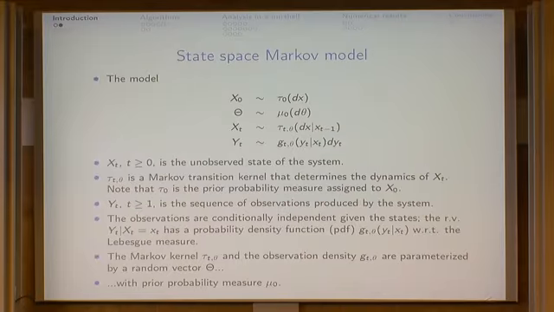And then I have some priors. I'm imposing a prior mu on my parameter and a prior tau on my state. I'm assuming that these parameters, these priors, are independent. So tau naught doesn't depend on theta, mu naught doesn't depend on x.